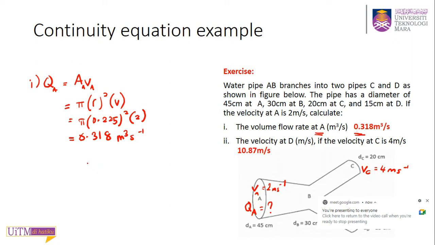So that's one, the volume flow rate, and they ask you to find the velocity at point D. How can you find for question 2?